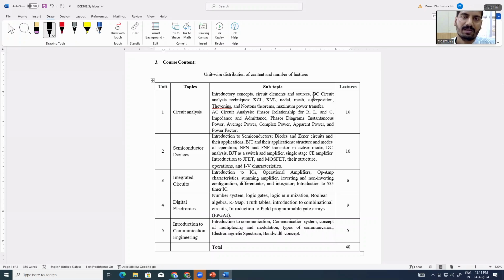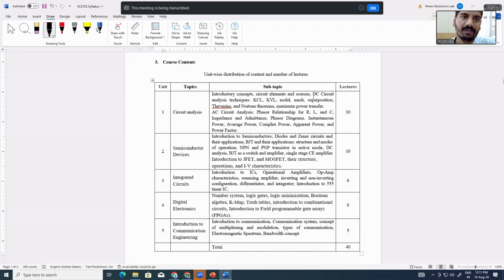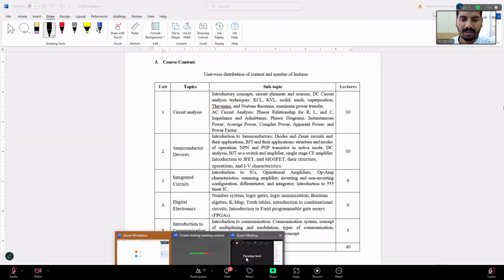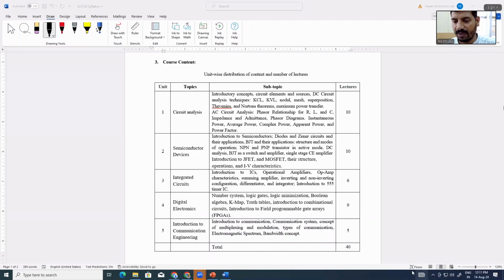AC sources are taken from the transformer, that is, the source available to your home, which is utilized to run your fan, lights, and other home appliances. All these things are considered in the category of sources.